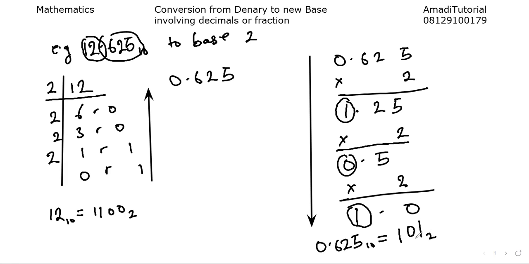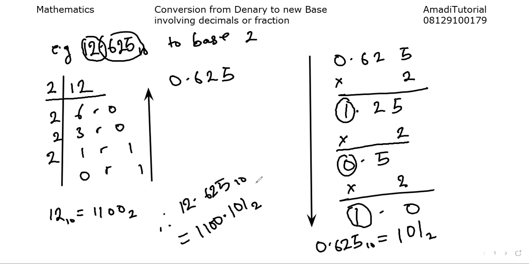So if you combine the binary of this one and this one, we can say, therefore, that 12.625 base 10 is the same thing as 1100.101 base 2.